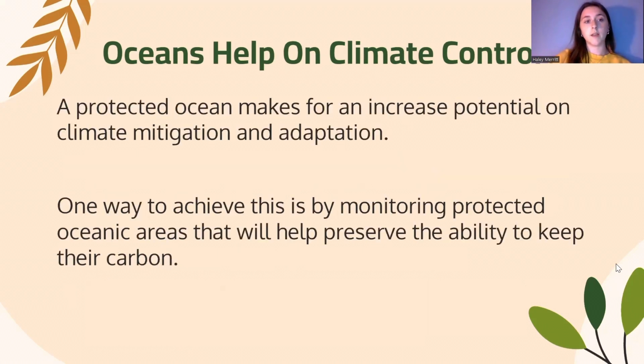So, to continue on, I really want to talk about how a protected ocean makes for an increased potential of climate mitigation and adaptation. So, one way to achieve this is by monitoring protected areas within the ocean, and then that will help preserve the ability to keep their carbon.